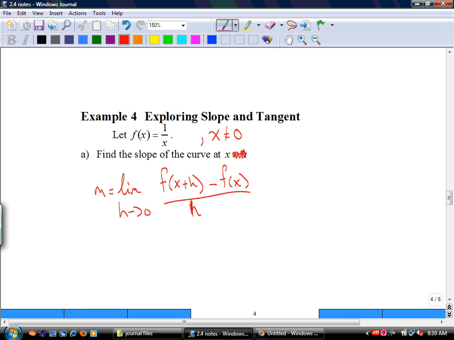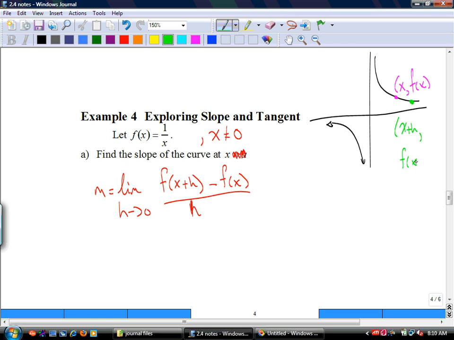No, h goes to 0. Not x, h. So what we're saying here is we've got the curve y equals 1 over x, and I'm going to some point on the curve, x, and then I'm going to go h units to the right of that, and I'm going to join those 2 points with a line, and I'm going to slide h.